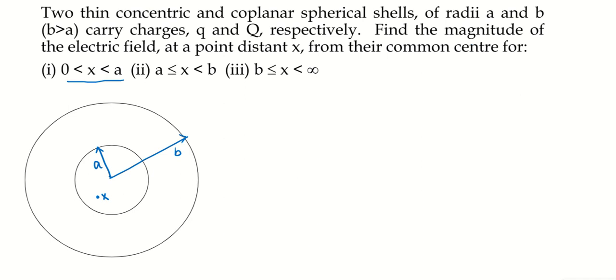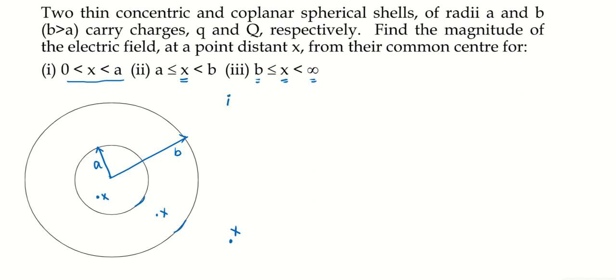In the second case, X lies between A and B, somewhere between the inner shell and the outer shell, somewhere at this point. And in the third case, X is greater than B, up to infinity, a point somewhere outside these two shells. For this, we are going to use Gauss law.